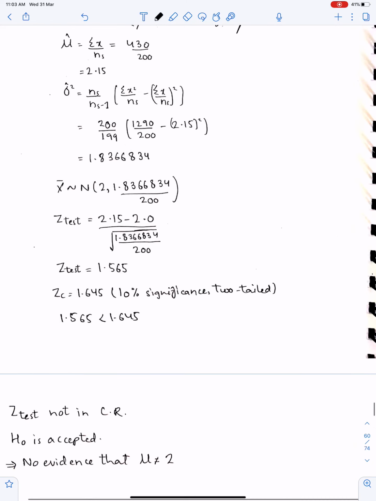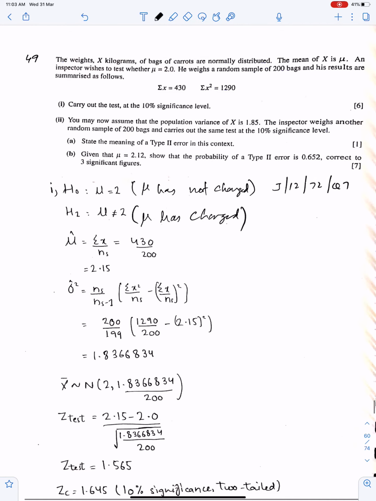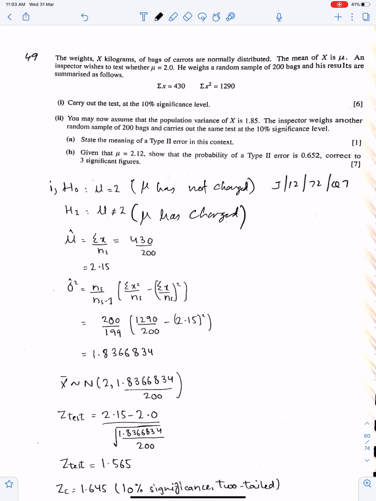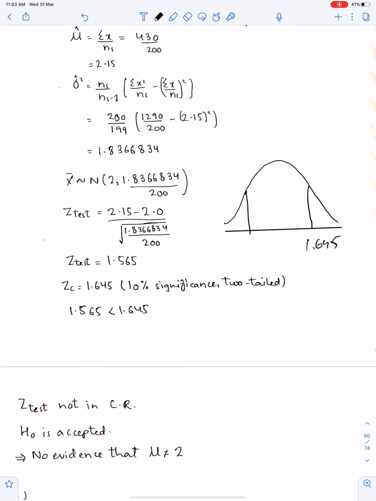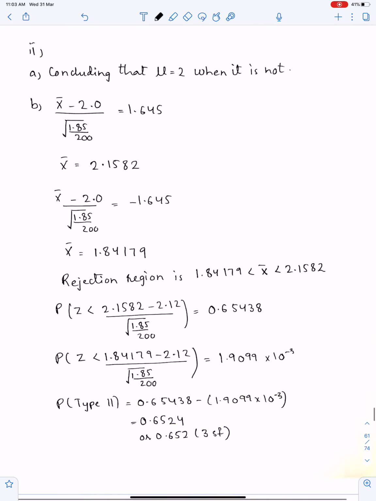This is the two-tail test, 5% each. So first work for the critical region. In fact, critical regions.